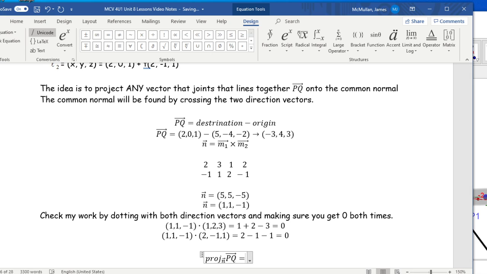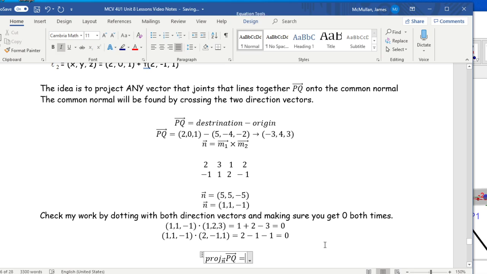So remember how to do this. You do vector PQ dot N, and then you divide by the magnitude of N. If I could ever type this.